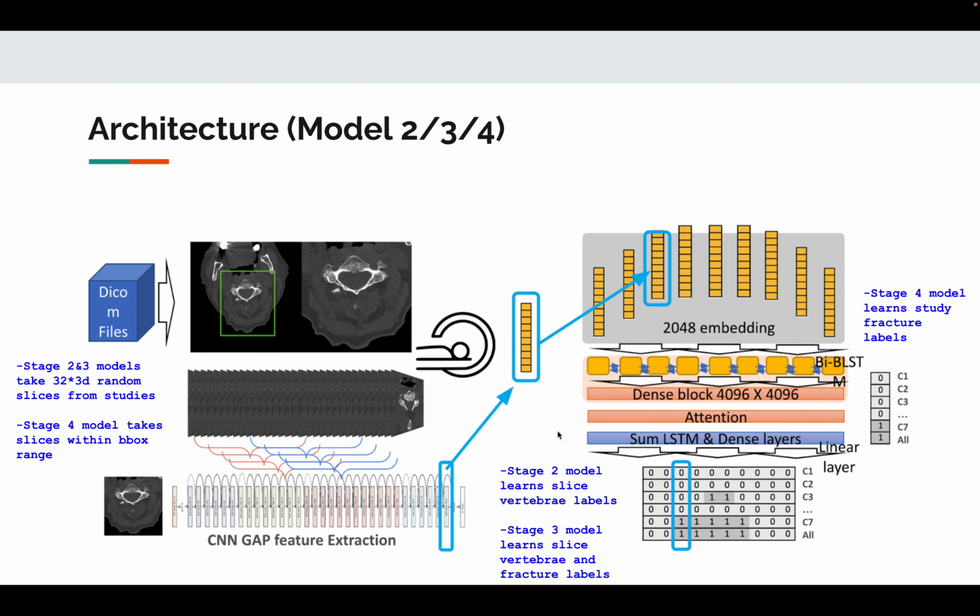Then again the same architecture for stage 4, except we take the weights of stage 3 and load them into stage 4, and we fine tune on the study level.